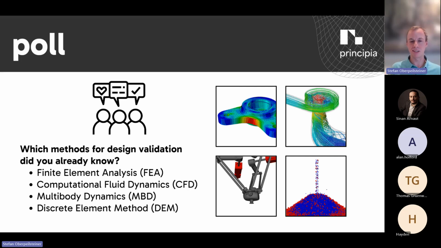Multibody dynamics, as I gave the introduction, we do something with systems on a system level. There are several bodies, they are interconnected. Multibody dynamics itself originally had only rigid bodies, but many years ago already, there was an extension to it, or there are extensions to it, to also cover flexible structures within multibody dynamics.